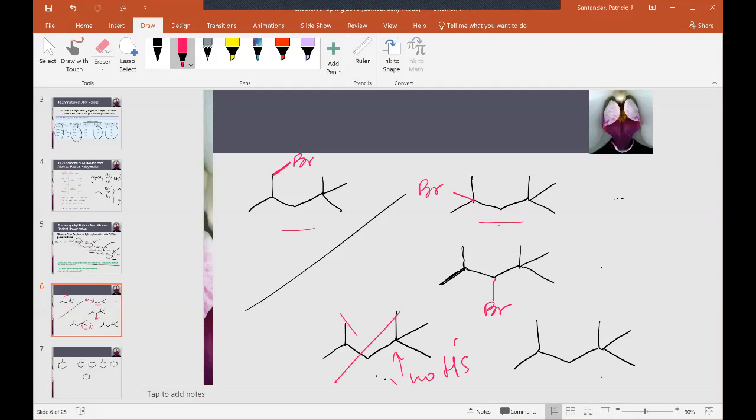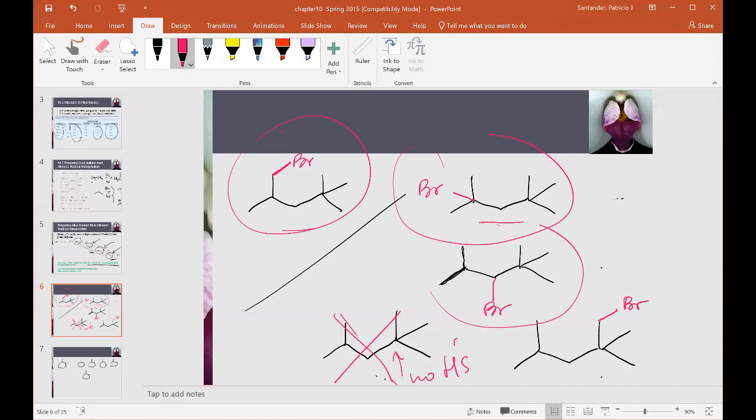So forget about that. And the other possibility, I can put it here, right? So those will be all my possibilities. I will have 4 different constitutional isomers with the bromine in this position, or in that position, or here, or here.